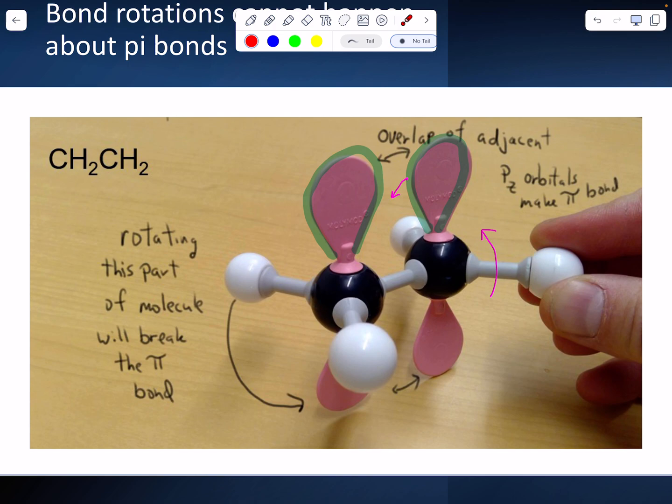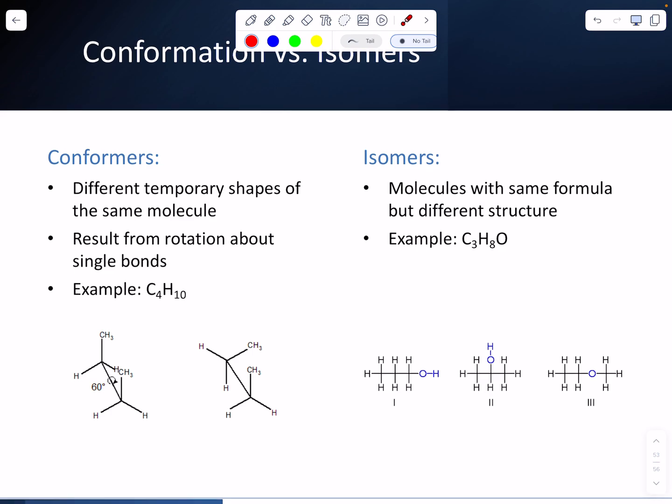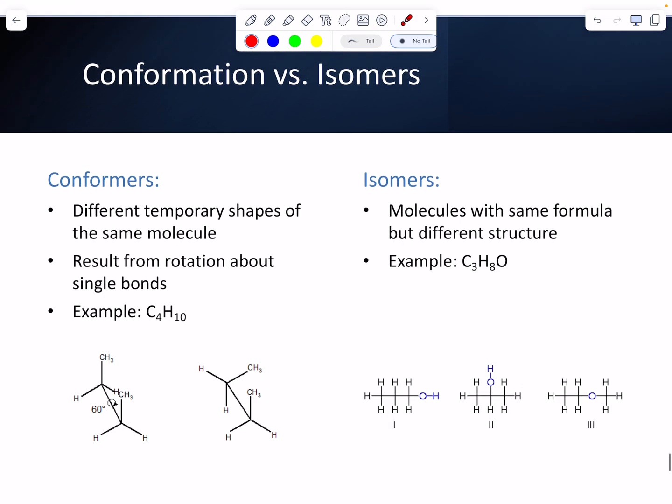So that's the difference again. What impact does this have in terms of molecules? As we get to larger molecules with more atoms, especially in organic and biochemistry, we have differences in molecules that can happen easily with temperature when we can rotate about something, or differences that are going to require some type of chemical reaction to occur.